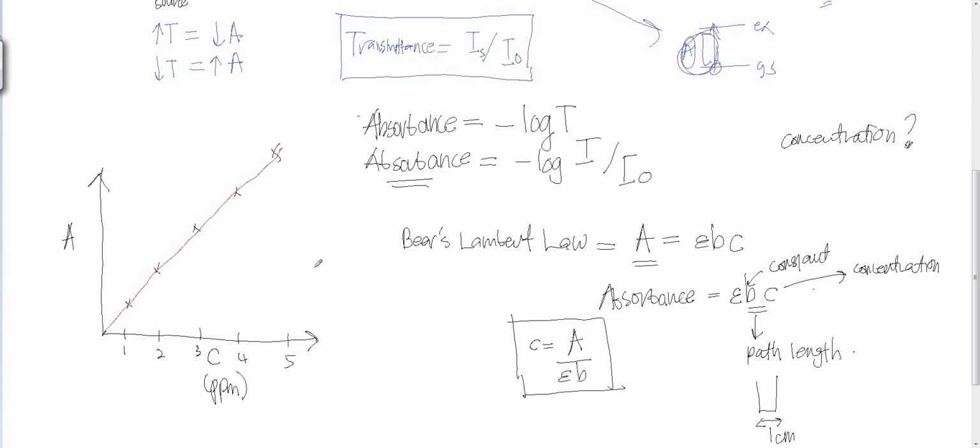Jadi apabila you try to relate, for example, if you want to plot the graph, okay, this is the graph absorption lawan concentration, right? Contoh kalau you kata you nak ada graph based on the transmittant with the concentration pun boleh, tak ada masalah. Why? Because once you know the value of the absorbance, automatically you can calculate the transmittance, right?